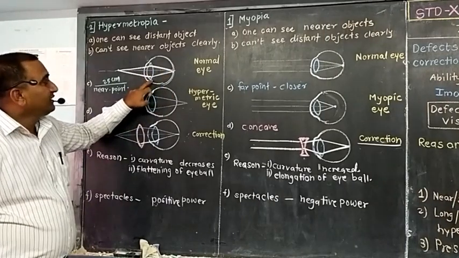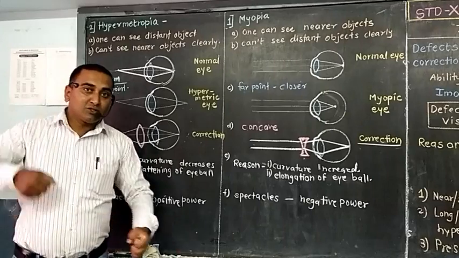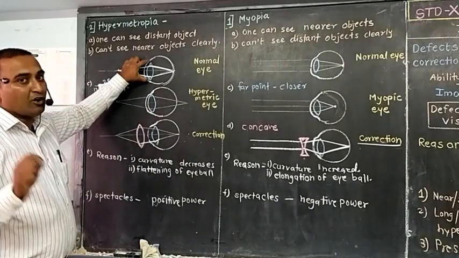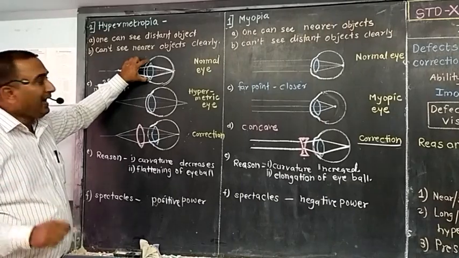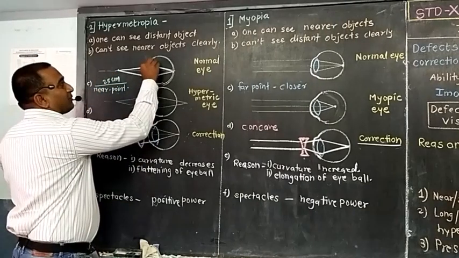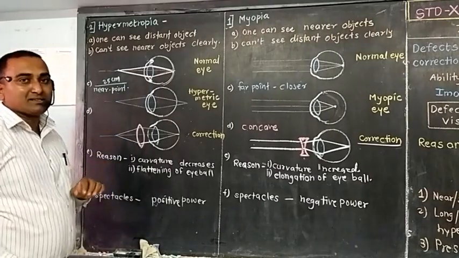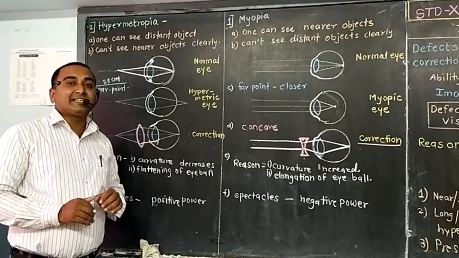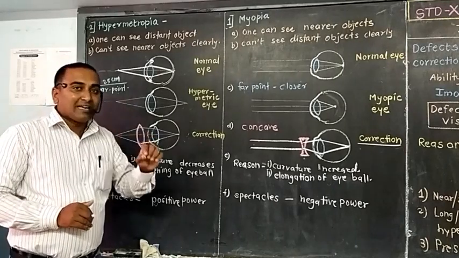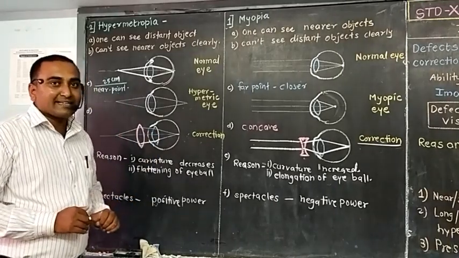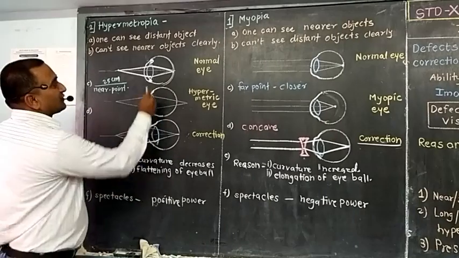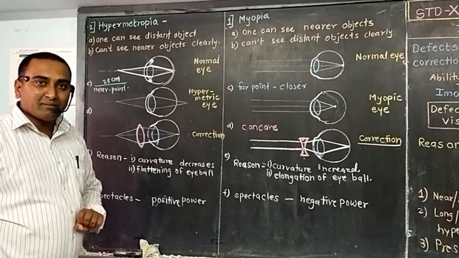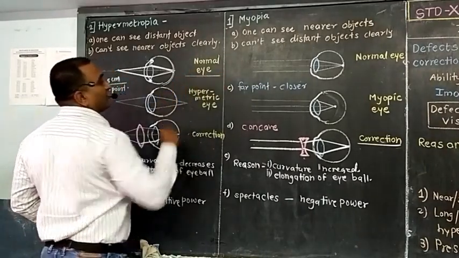To do that, the ciliary muscles should press this lens a little more than the normal condition, and because of the pressure exerted by the ciliary muscles, the curvature increases. As curvature increases, focal length decreases, and as focal length decreases, bending increases, so the rays bend exactly on the retina and we get the clear image. That is the condition of a normal eye.